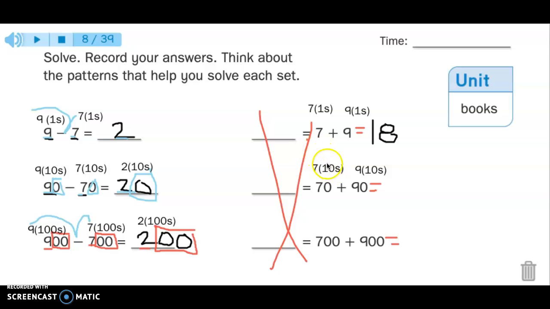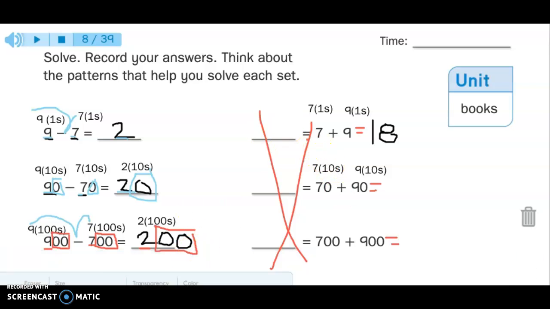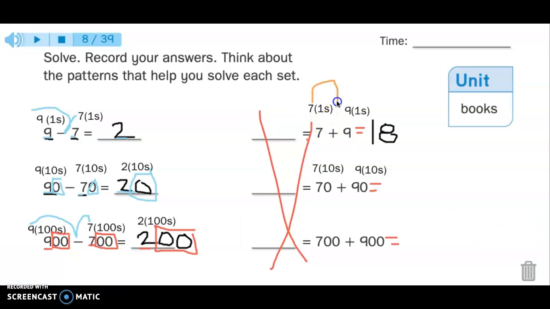So we already said, and I'll draw a picture. Let me use a different color. We said 7 plus 9 equals 18. But here's what we have to look at again. My answer is not 18, because I know 7 plus 9 is 18. 7, 9, 18.